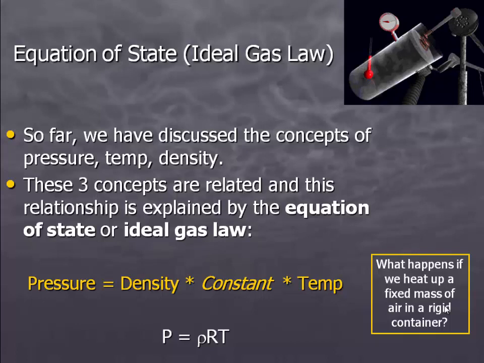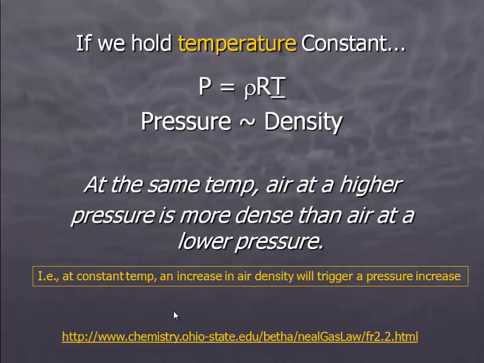Okay. The answer would be the density would decrease and also the pressure would decrease. Okay, and that is related to the ideal gas law. So let's take a little bit more look at the ideal gas law and how it can help us. In the ideal gas law, if you were to hold temperature constant, you would essentially be left with P and rho.